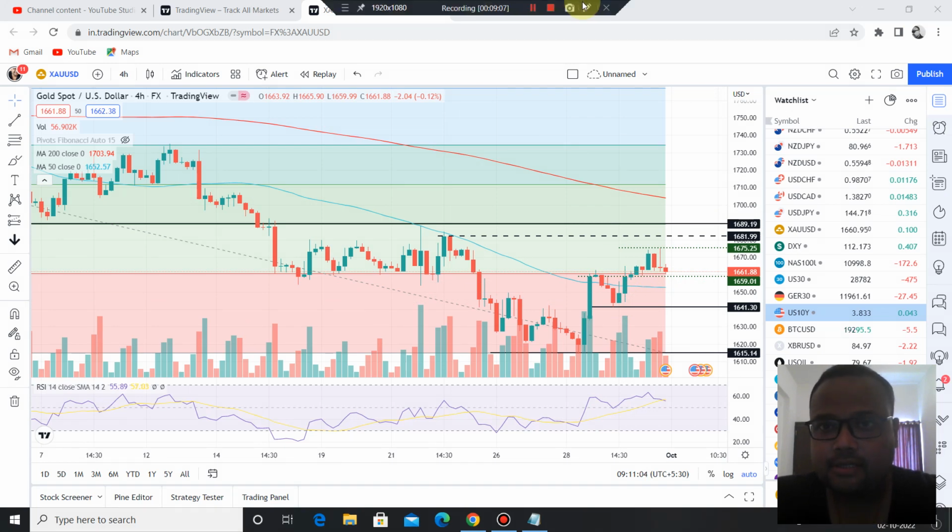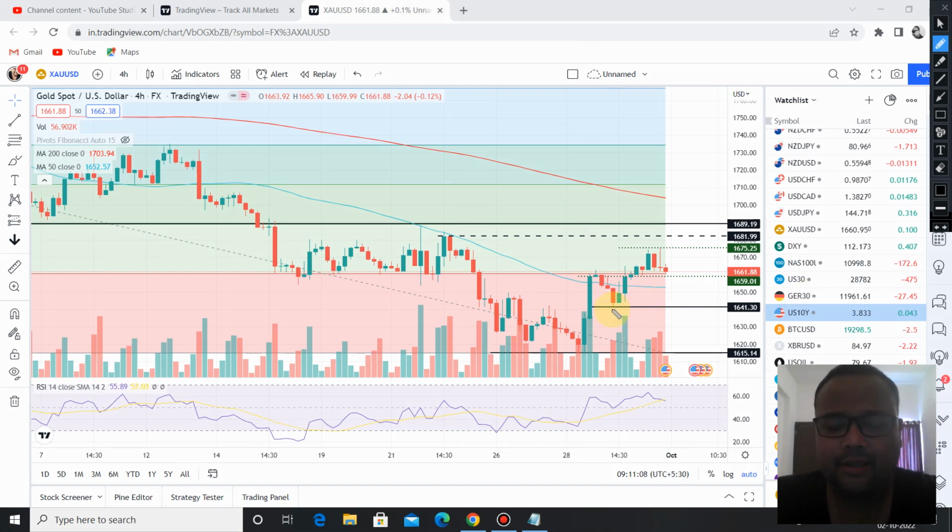Okay, 1645 will be your next level, and around 1640 level we have a support. I think that there's a high chance that market will be taking support around this level on Monday. But in case, as we all noted, for the last couple of months, Mondays are not acting like usual Mondays.